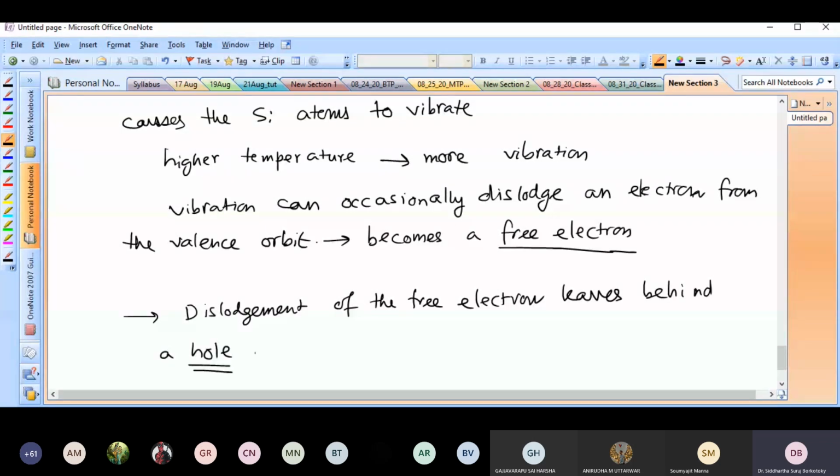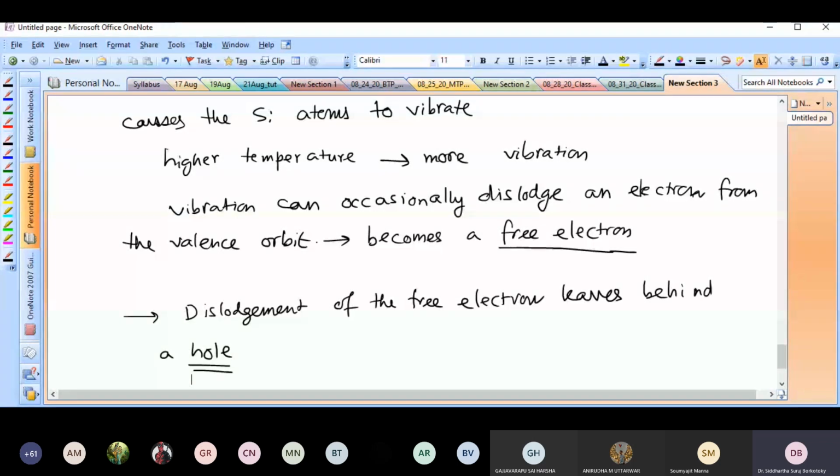This thing is called a hole. It's a vacancy in the valence orbit. You had a valence orbit with 8 electrons, and then suddenly 1 electron is dislodged, so what you have here is a vacancy for a single electron. You can think of it as a net positive charge.